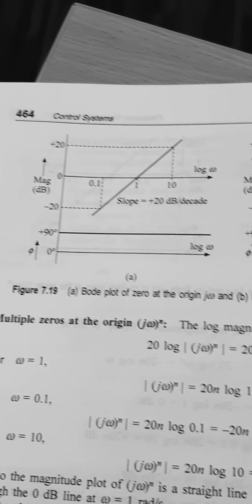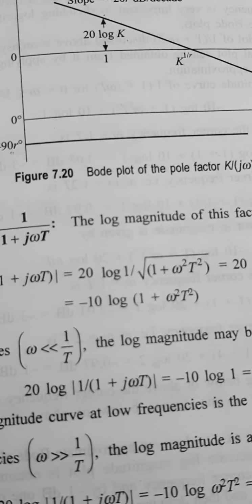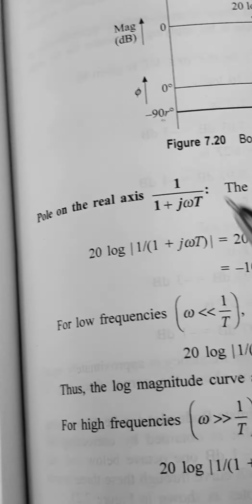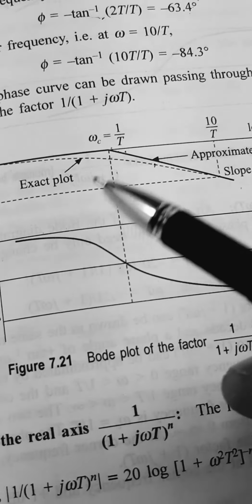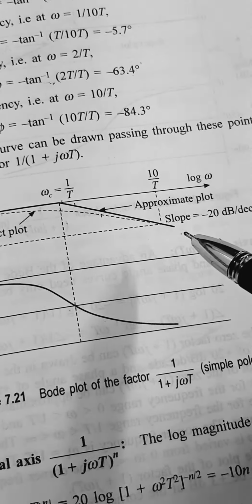So here, for example, if you are considering a term like this, 1 divided by 1 plus j omega t, see here, till corner frequency it is 0, after that it is minus 20 dB per decade.